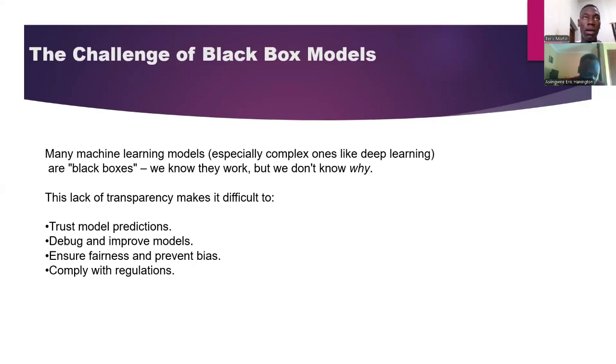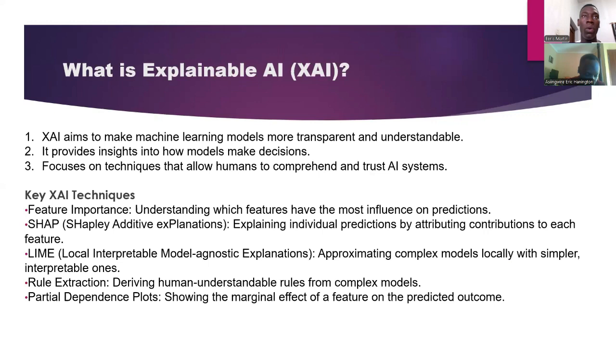With these challenges coming into play, something called explainable AI had to be the best solution. Explainable AI is where we get to know why the model is making these predictions.